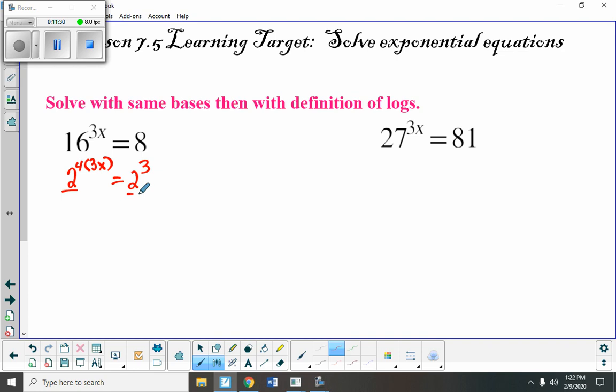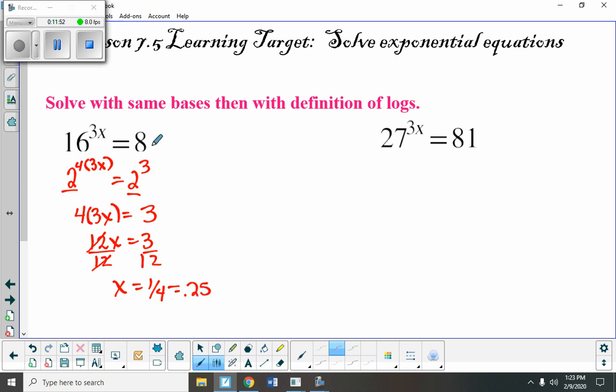Now you have the same base, so you just set the exponents equal to each other. 4 times 3x equals 3. So 12x equals 3. So x equals 1/4, which is also equal to 0.25.